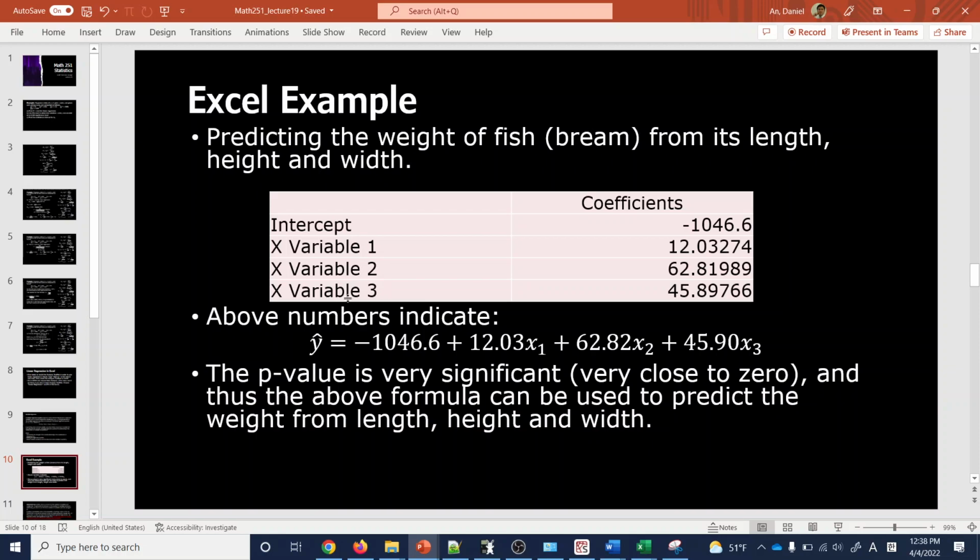And then these numbers indicate that the weight is predicted by this equation right here. If you use this equation, then you can predict the weight. Yeah, and I already spoke about the p-value.